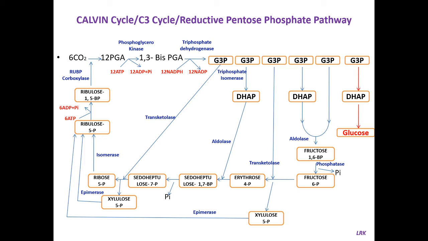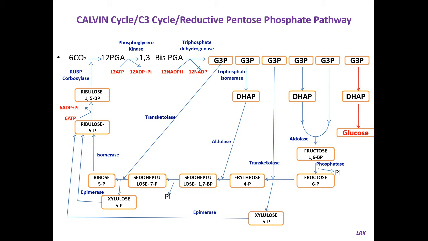Here this ribulose 5-phosphate undergoes a phosphorylation reaction because the initial product which we used during carbon dioxide fixation is ribulose 1,5-bisphosphate. So this ribulose 5-phosphate undergoes phosphorylation. That means it takes up 6 ATP molecules, and 6 ribulose 1,5-bisphosphates are regenerated. So this regeneration process is also over, and a hexose is formed.